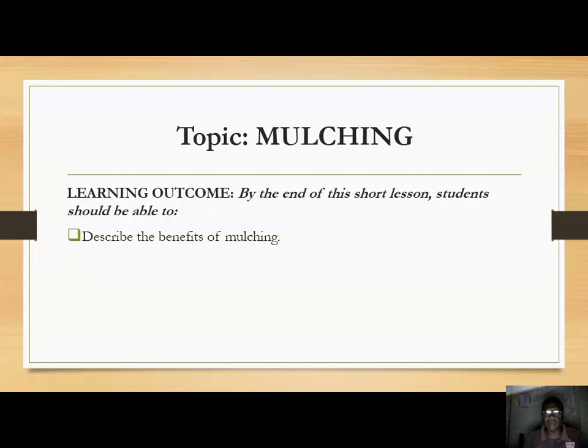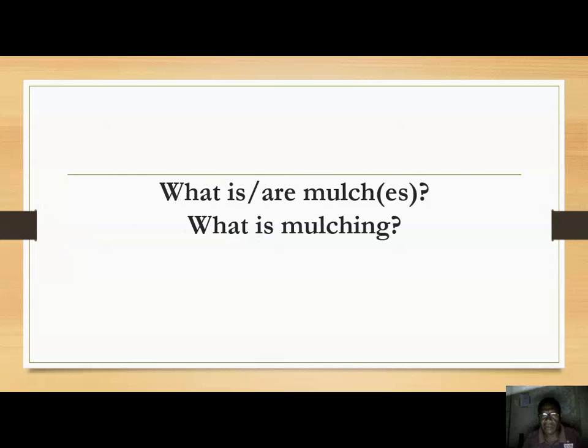Before we look at the concept of mulching, let's try and answer these two questions. What is mulch, or what are mulches? And the second one is, what is mulching?